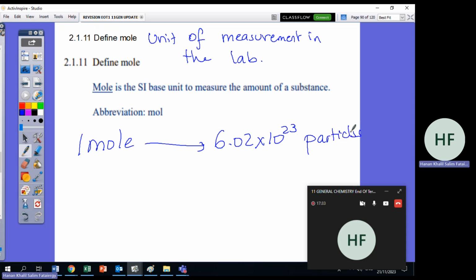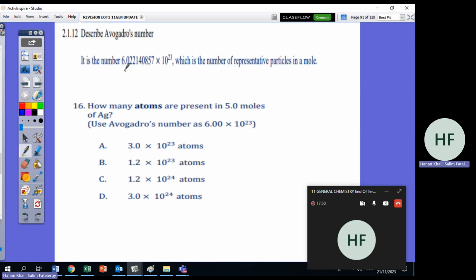Okay, the particles can be atoms, ions, or molecules. Now let's see how we can use this in calculations. So this is the number. Of course, you will not memorize the number, it will be given to you in the exam.